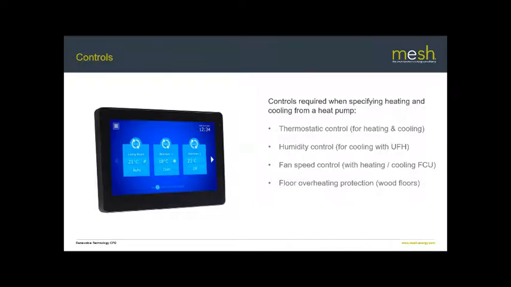When using underfloor heating, especially with wooden floors, you'll need some sort of overheating protection for those wood floors to prevent them going above a predefined temperature, which will be set by the flooring manufacturer. Often this temperature is around 27 degrees. And finally, you'll probably want some sort of time scheduling and maybe some sort of remote control through a phone app or similar. This will allow you to operate the system in the most efficient manner.